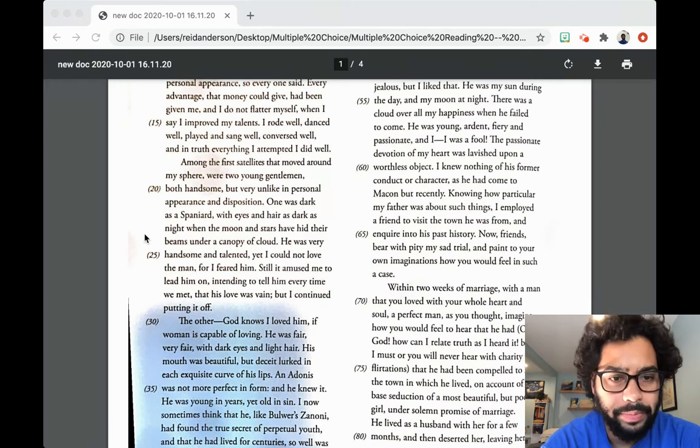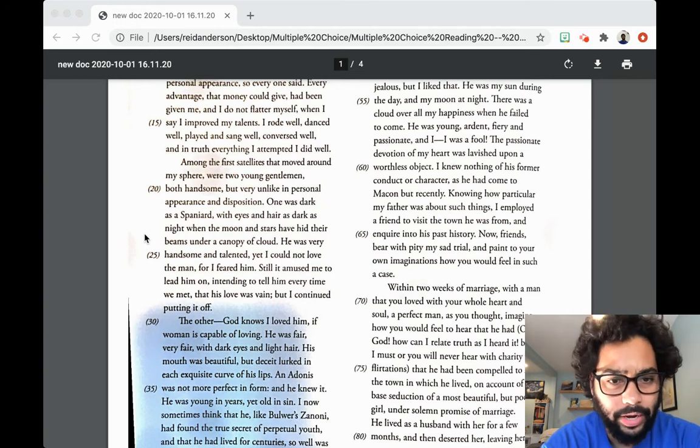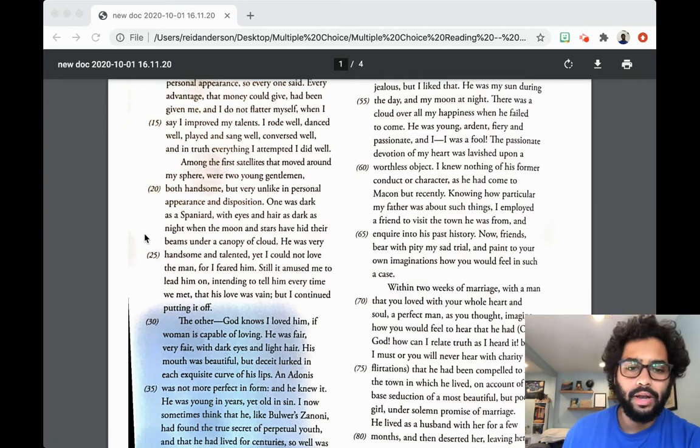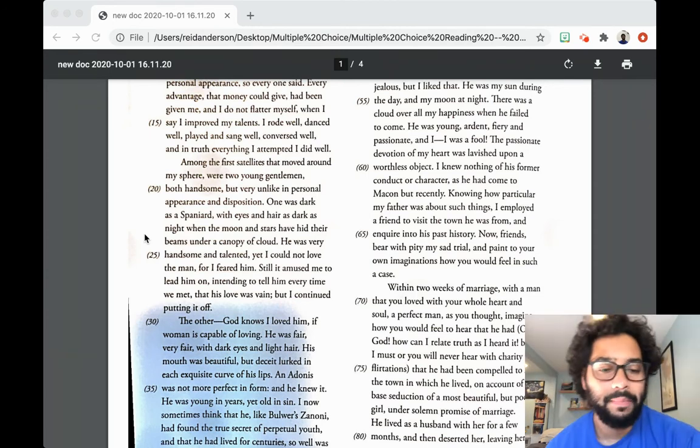One was dark as a Spaniard, with eyes and hair as dark as night, when the moon and stars have hid their beams under a canopy cloud. He was very handsome and talented, yet I could not love the man, for I feared him. Still, it amused me to lead him on, intending to tell him every time we met that his love was vain, but I continued putting it off.